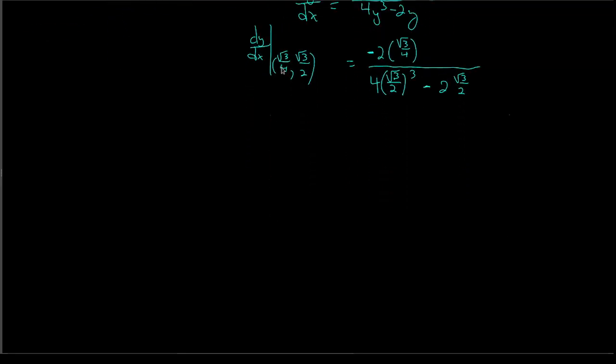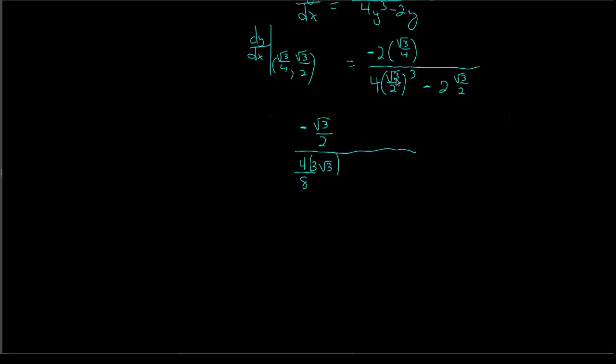Do a little bit of cleanup here. Let's see, the 2 will cancel here, so I'm going to get negative root 3 over 2 upstairs. Downstairs, I'm going to get 4 over 8 because of this here. And then I'm going to get root 3 times 3.